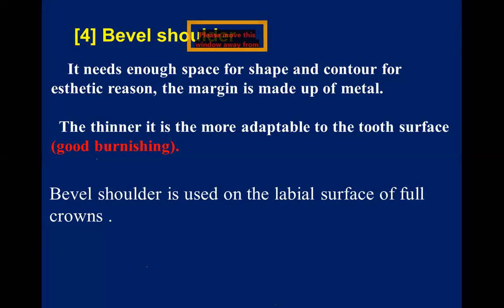So even if it is an excessive reduction, we can use it only on the labial to be more conservative. It is a very commonly used finishing line when we have a posterior or anterior restoration.